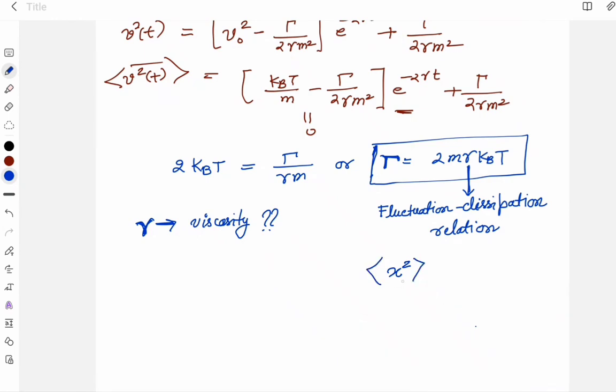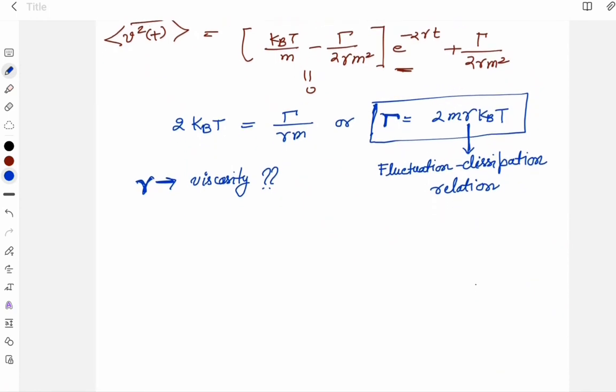But to do that directly in x is a bit tricky. So we start from the velocity equation, and from it we will derive the expression for the mean square displacement.